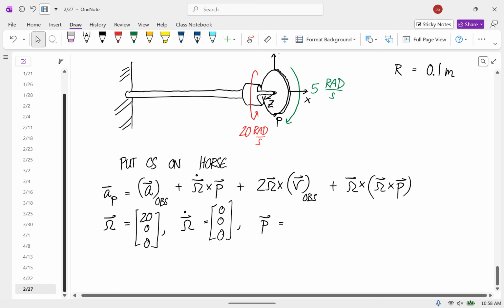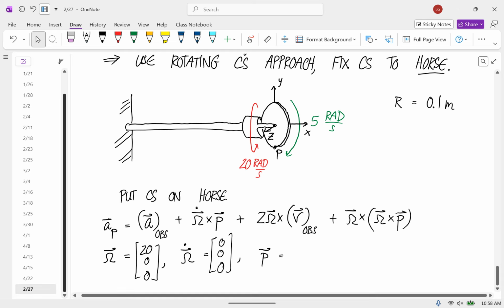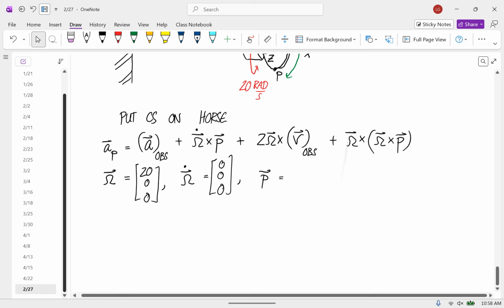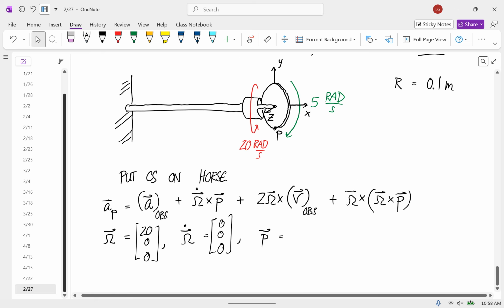The radius of the first disk. Are we doing this one in polar coordinates? Nope. This is just regular x, y, z. And so the position vector here from the origin to P is just 0, -1, 0.